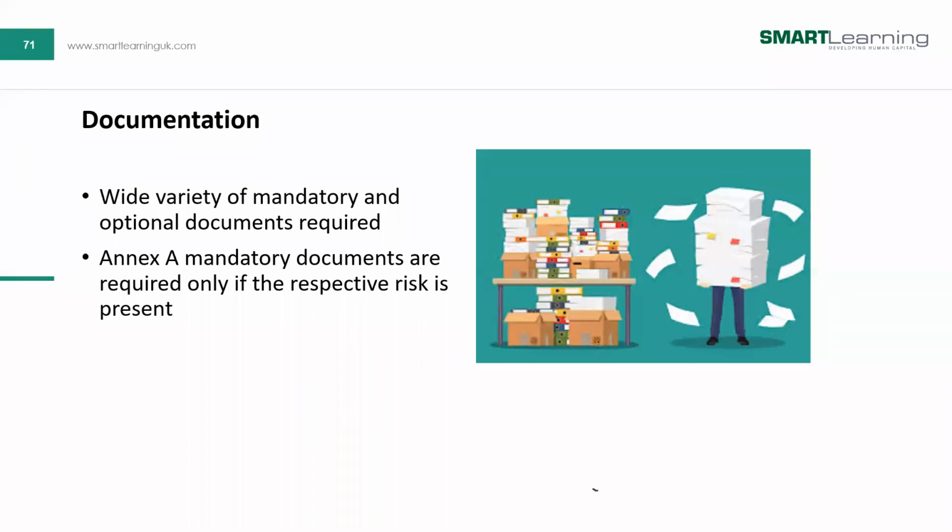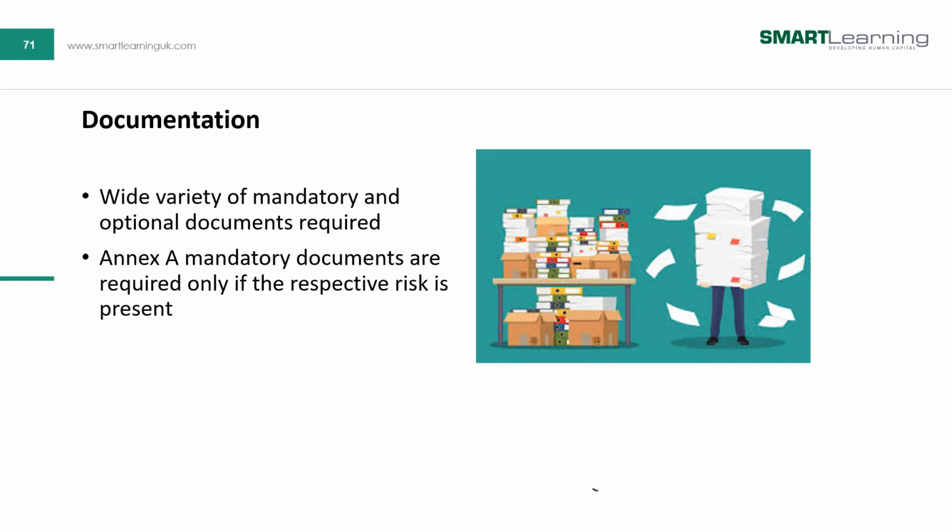Competence, training and awareness, policy, like I said, scope, objectives, all these are mandatory documents. Annex A documents are required only if the respective risk is present. So you select documents in Annex A after your risk assessment, but in clauses 4 to 10, there are mandatory documents. So there are two things.